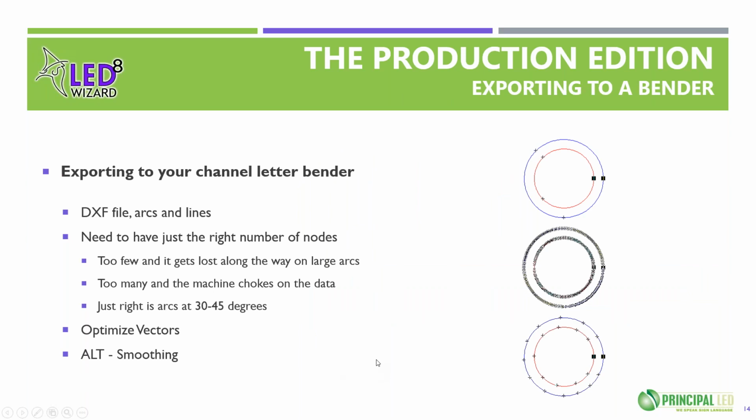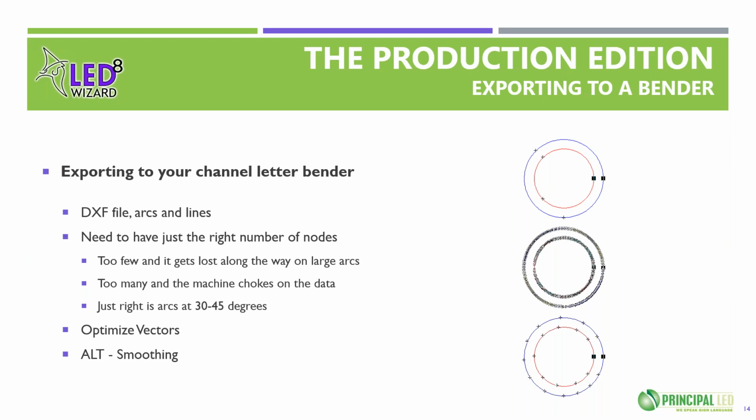Okay, and I'll talk about that when I get into this. Just real quick now, a couple other things. Exporting to your channel letter bender. Notwithstanding anything that I just said, the software can still export a DXF file that goes to your bender. And remember that a DXF file is arcs and lines.